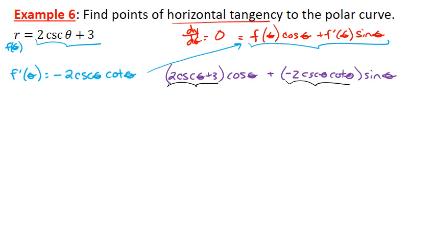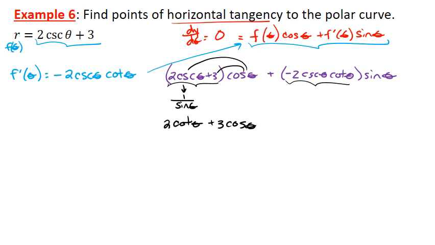You might want to think of cosecant as 1 over sine of theta, because when you distribute, you have cosine of theta over sine of theta. This gives me 2 cotangent of theta plus 3 cosine of theta.